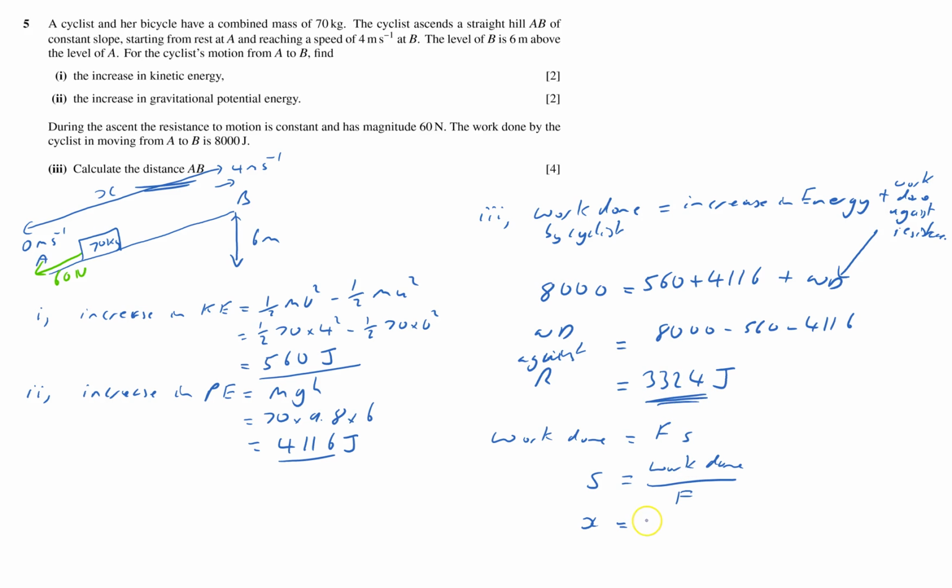Well, I just worked it out, it's 3324, and divide it by the force, which is 60. It said here the force was 60, and that is 55.4, and it's in meters as a distance. And that's question 5 done.